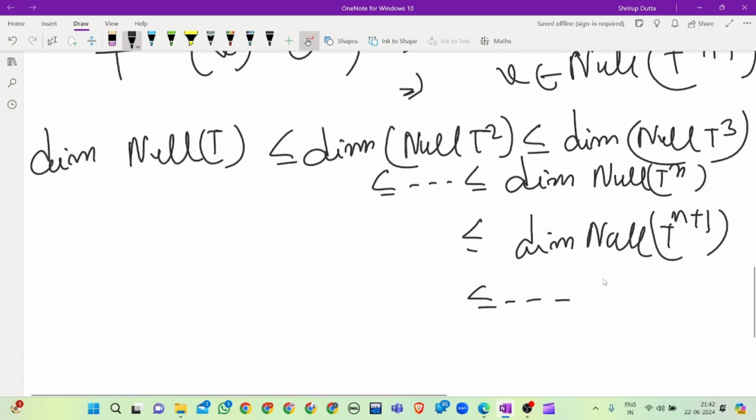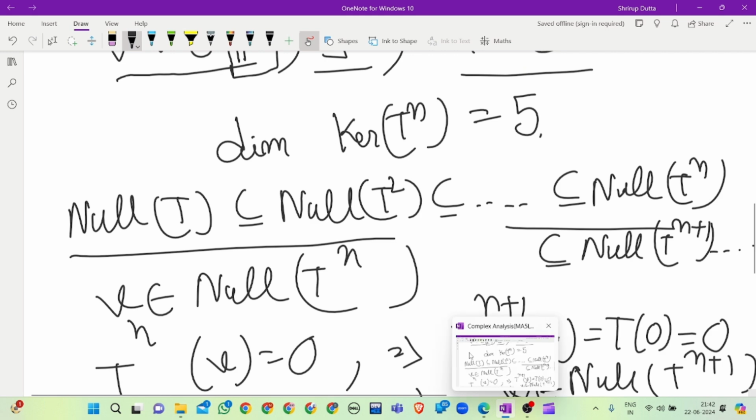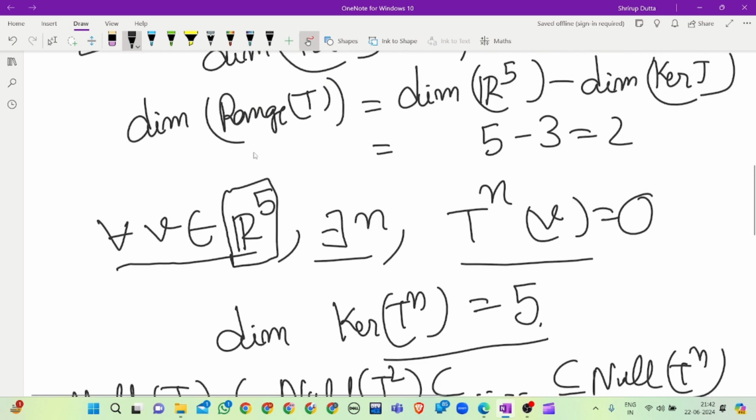My claim is, since the dimension of the kernel of T to the power n is 5 and the dimension of the vector space is 5, it is the maximum dimension. So the dimension of the kernel of T to the power n plus 1 will not increase; it will be equal.